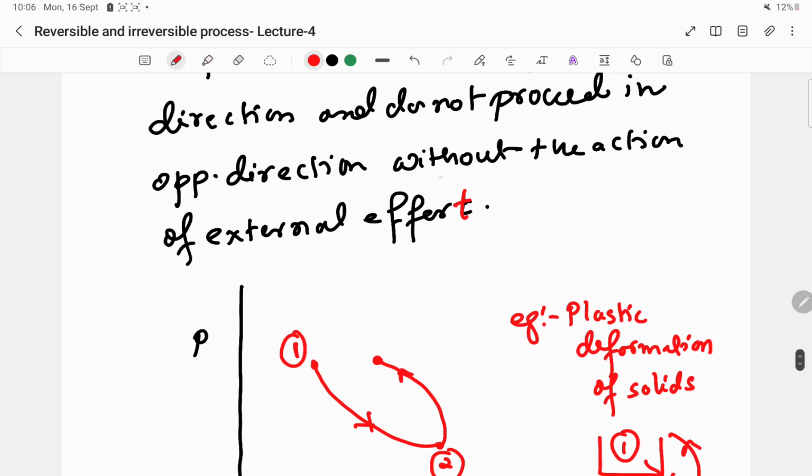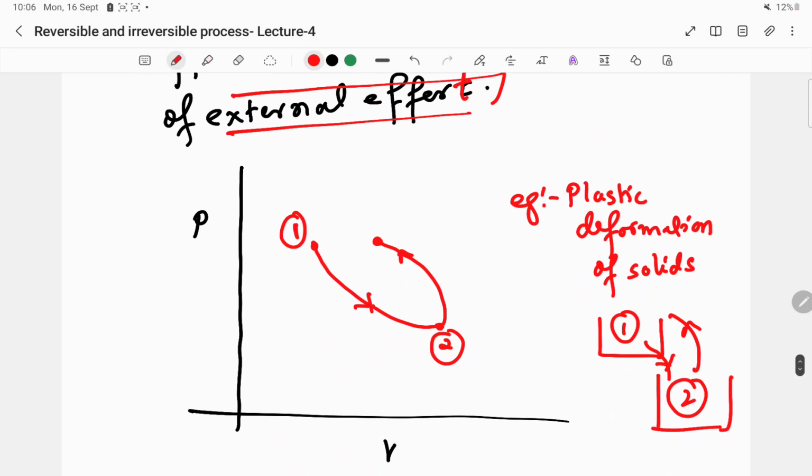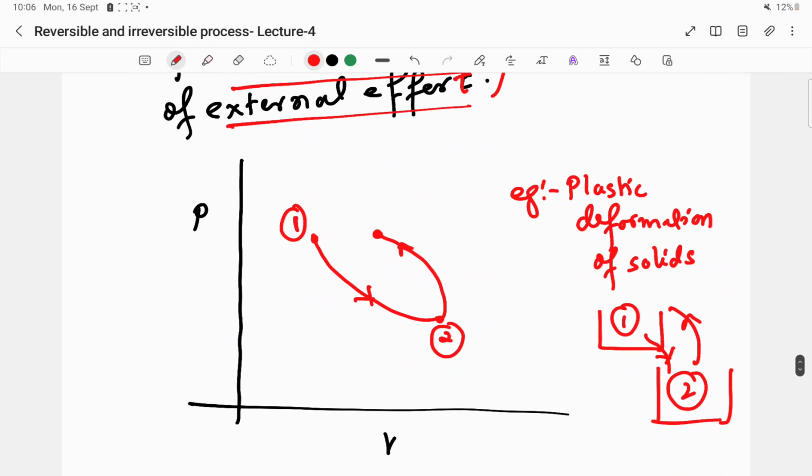So we have to do some external effort using the pump. Without the action of external effort using the pump, we cannot return the water from the lower tank 2 to the upper tank 1. So this is another example of an irreversible process.